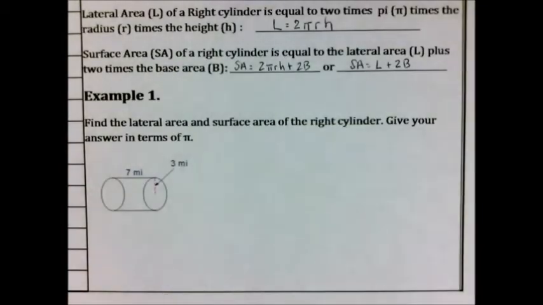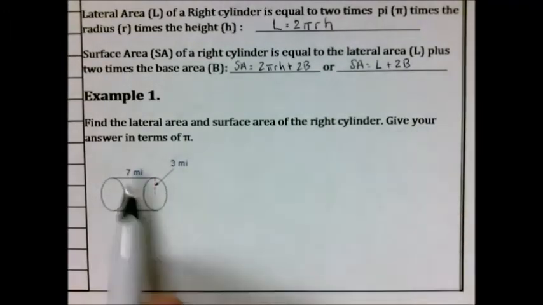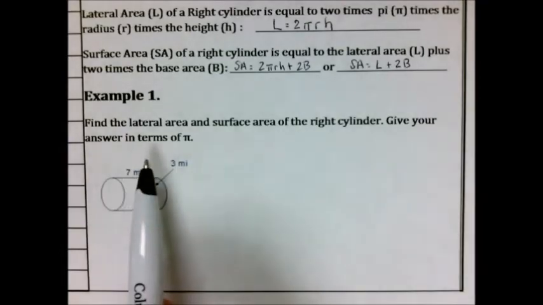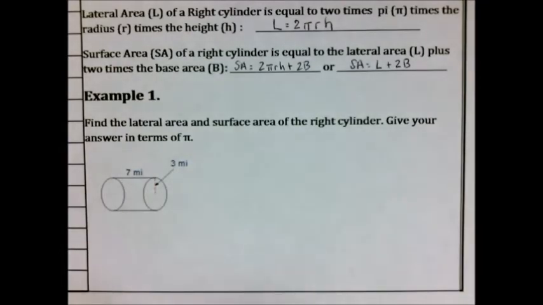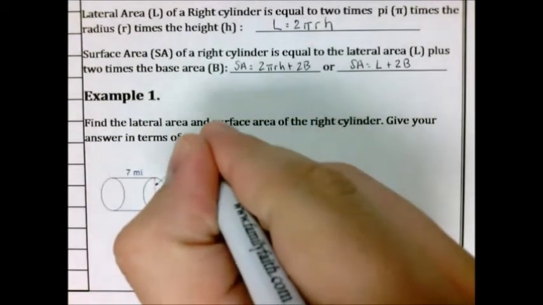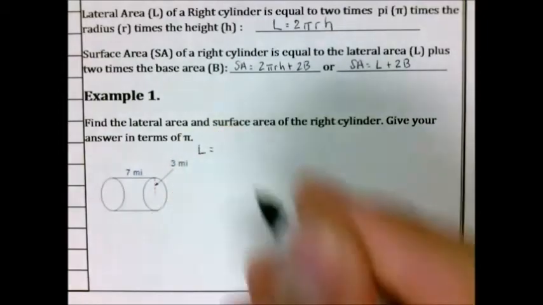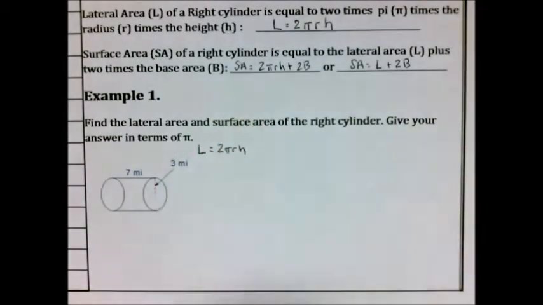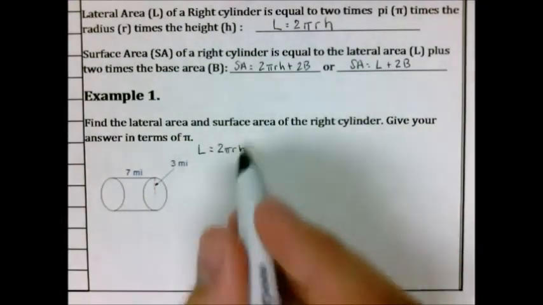Example 1 says to find the lateral area and surface area of the right cylinder and give your answers in terms of pi. Okay, what that means in terms of pi is instead of rounding it to a certain decimal point, or instead of multiplying it by pi, we just leave pi as it is. So let's first find the lateral surface area, and remember that's 2 pi r h, so we just have to substitute those numbers in.